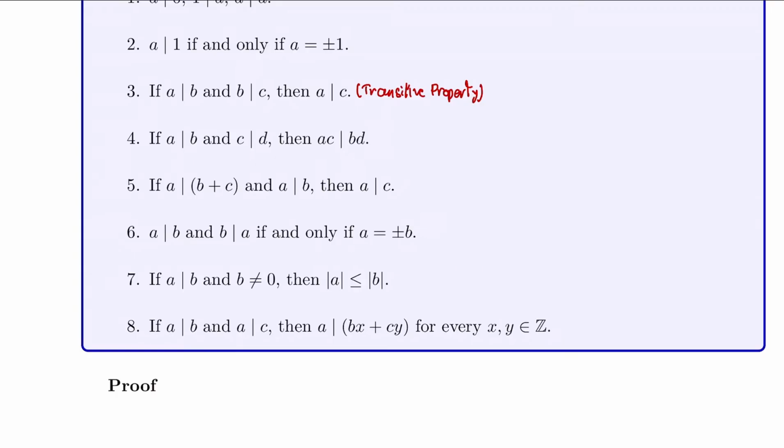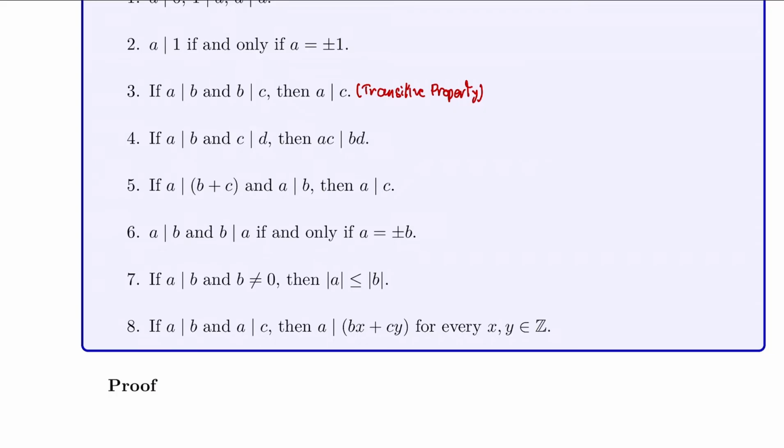Number 6: a divides b and b divides a if and only if a equals minus or plus b. Number 7: if a divides b and b is not 0, then the divisor must be less than or equal to the dividend, or we can say that the absolute value of the divisor must be less than or equal to the absolute value of the dividend.